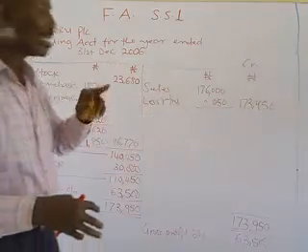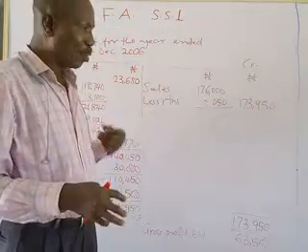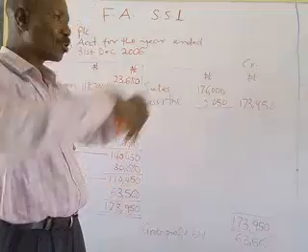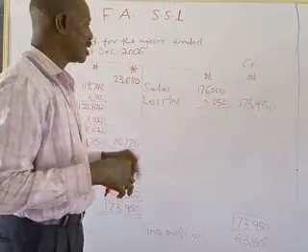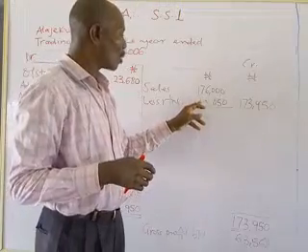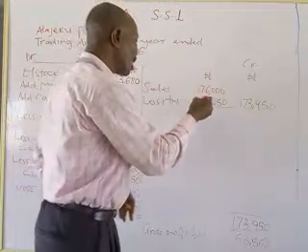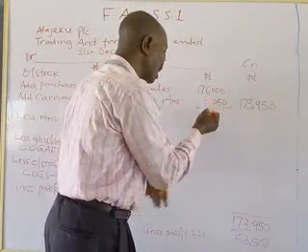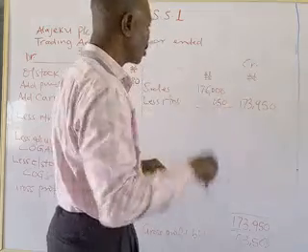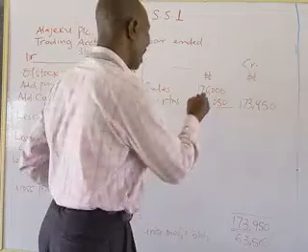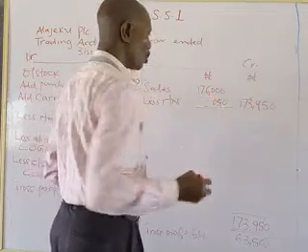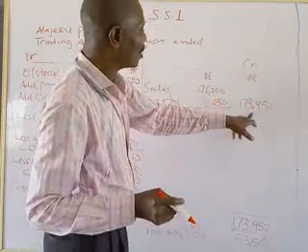But this is the returns inwards, goods earlier sold now returned to the seller. So it must be subtracted. 2,050 subtracted from 176,000 will give you 173,950.